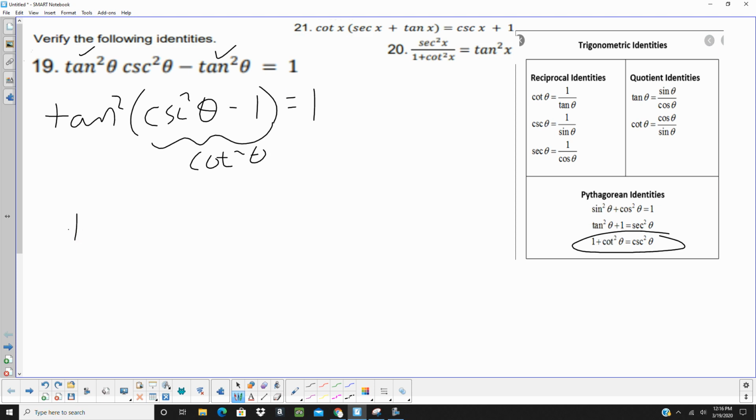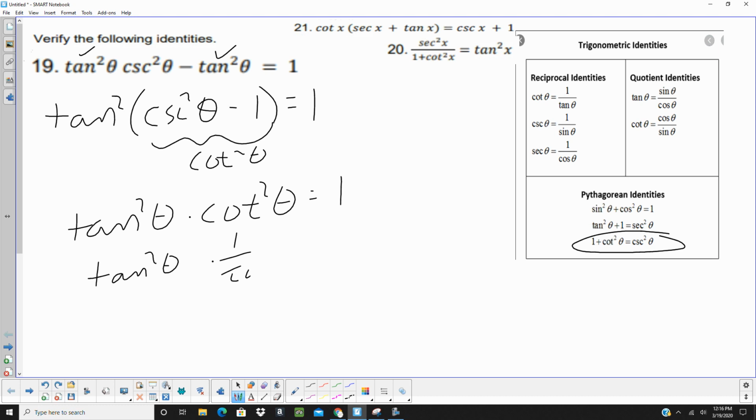So I'm going to have tangent squared theta times cotangent squared theta equals 1. Well, that's going to give me tangent squared. Cotangent is just 1 over tangent. Those tangents cancel out. 1 equals 1. All right, let's go ahead and do number 20.